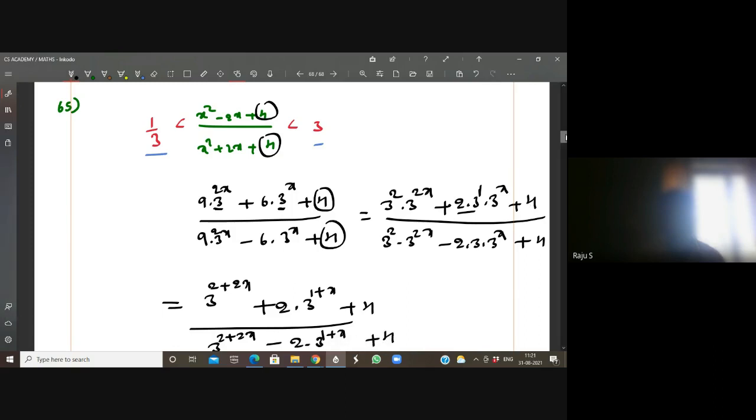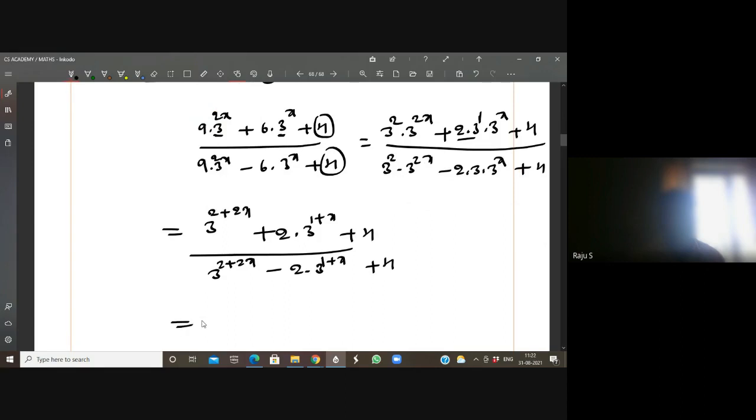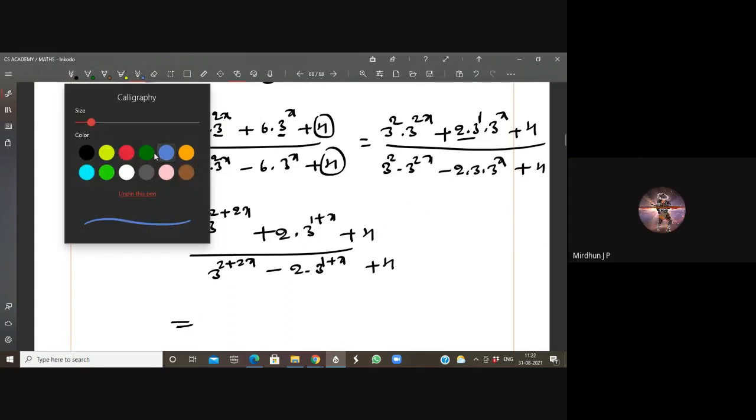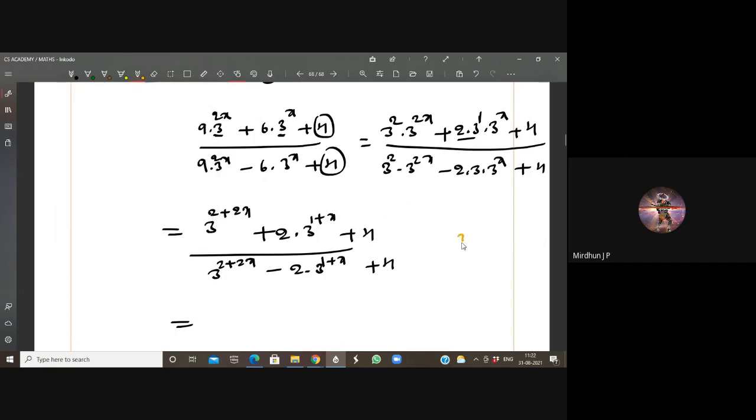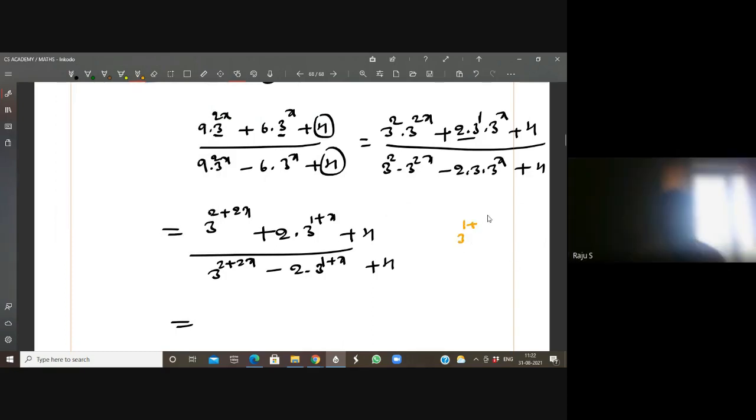Now we can write 3 power 1 plus x into 2, taking 2 common. Yes, we can write 3 power 1 plus x the whole square.